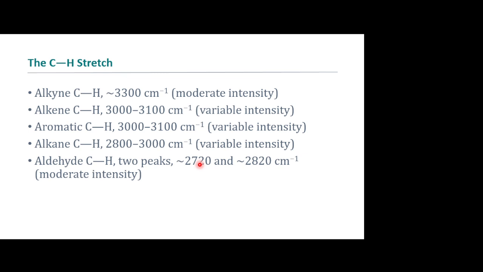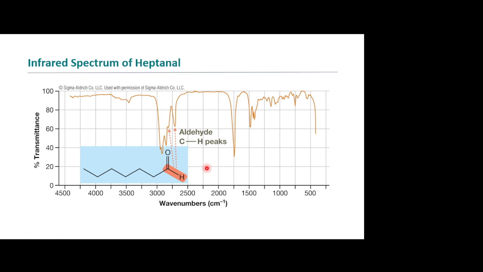It's going to be moderate intensity, and this is pretty good evidence usually if you have a carbonyl and you're going, is that an aldehyde or is it a ketone? This is usually pretty good evidence. So you look for the CH, that's the aldehyde. Okay? It's fairly intense for what's normally in that area. There's not a lot of intense bands in that area. So, moderate intensity, you'll see something like this.